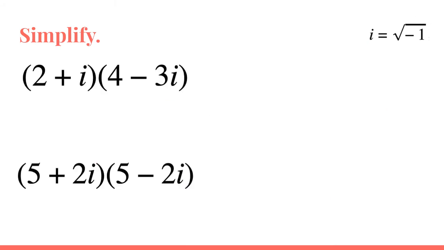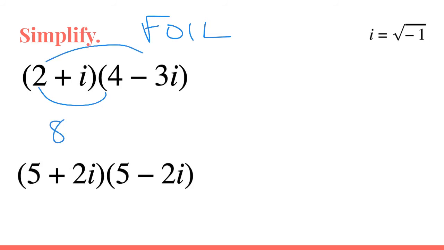As we look at this next screen, we see here we do have FOILing questions. So go ahead and write the word FOIL there. 2 times 4, that's your first, would be 8. Your outside is negative 3i. Your inside is positive 4i. And then the L, we get negative 3i squared.